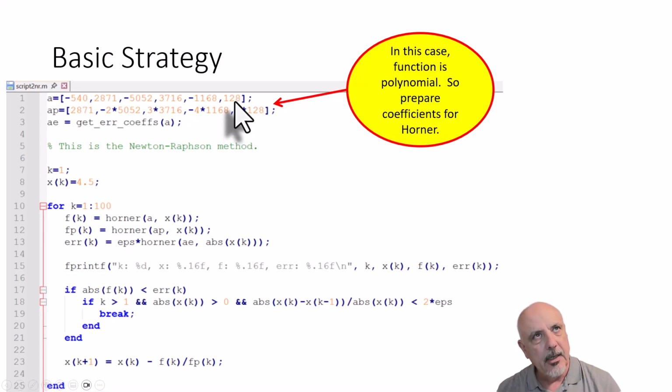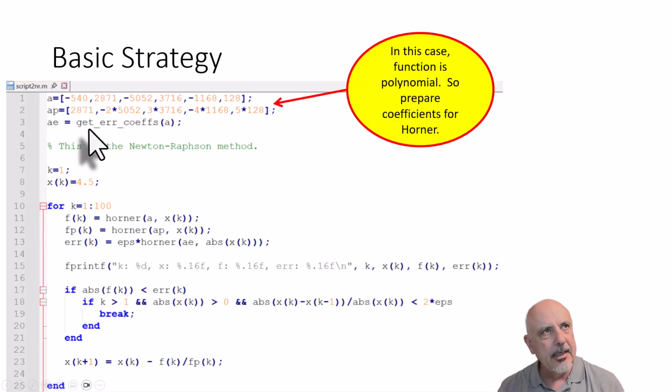It's going to have the 5 because the 128 x to the 5 term is going to bring that 5 down to multiply that. And then the x to the 4 term is going to bring that 4 down to multiply that, and so on. And then I lose the constant term. So those are the coefficients for my derivative.